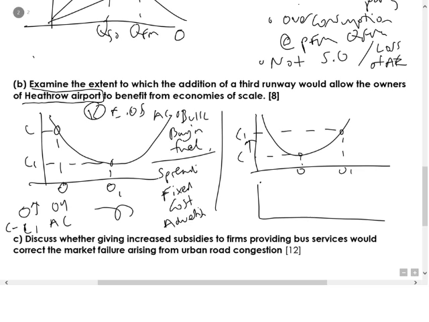Or you could talk about not fully gaining economies of scale if the increase in runway doesn't have a significant increase in capacity utilization. So there may only be a marginal reduction in cost if output increases are only small. So it depends whether or not the actual extra capacity is used.